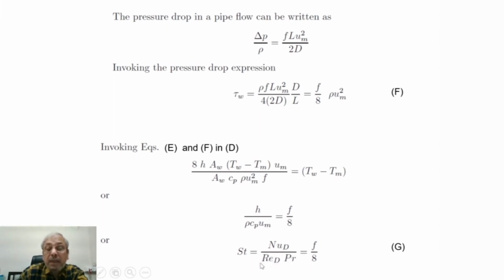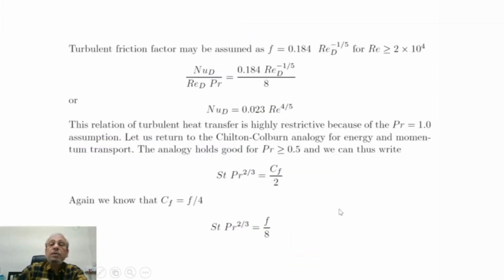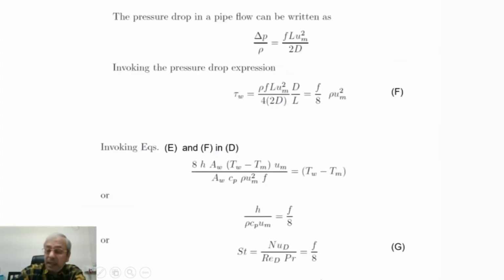So Nusselt number divided by Reynolds number into Prandtl number equal to f by 8. We are identifying this by G.